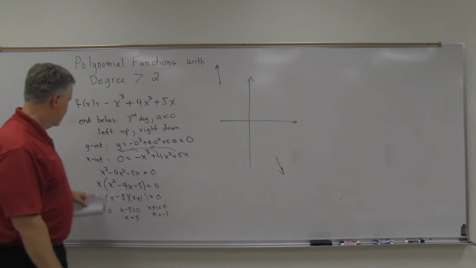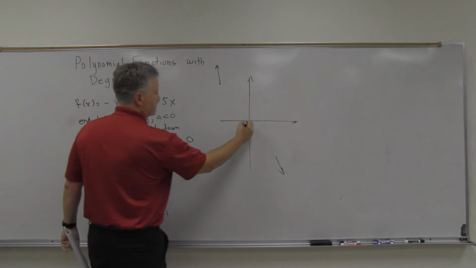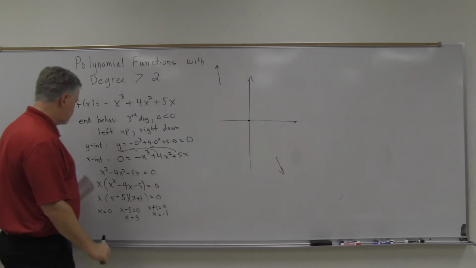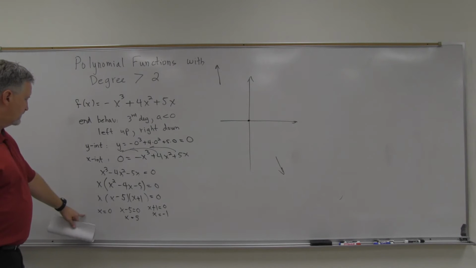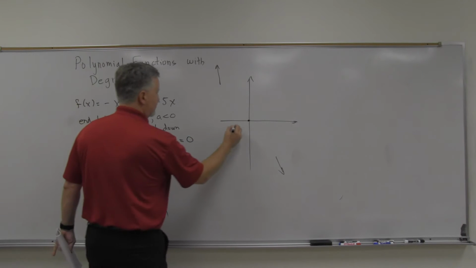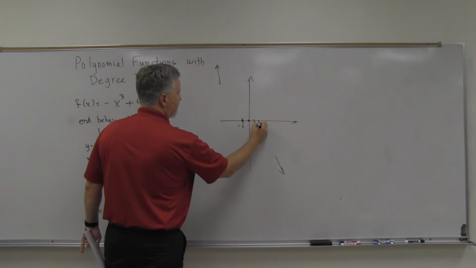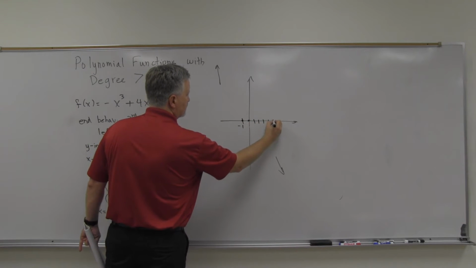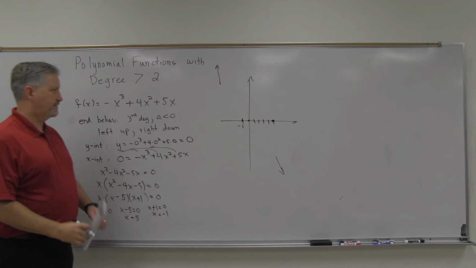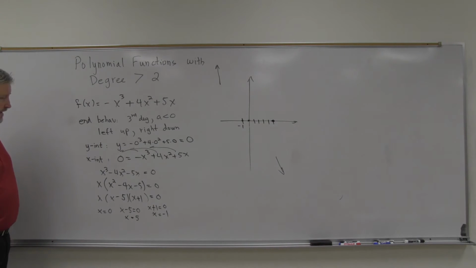Y-intercept, again, is 0. Then we've also got x-intercepts at 0, -1, and 5.